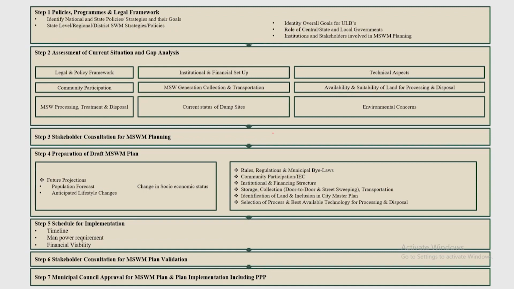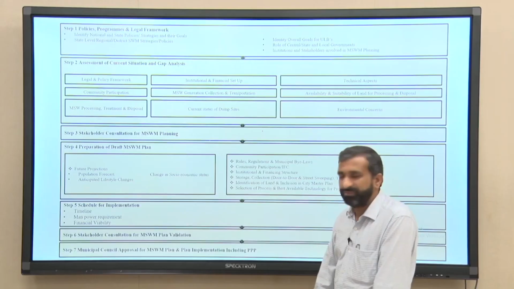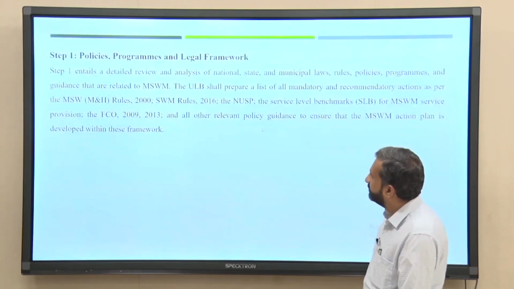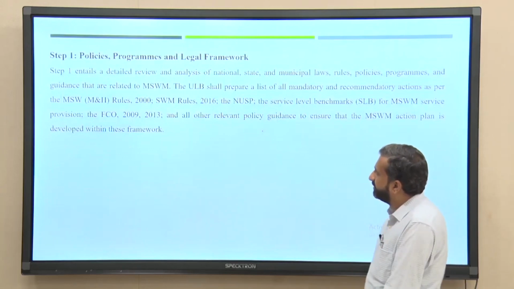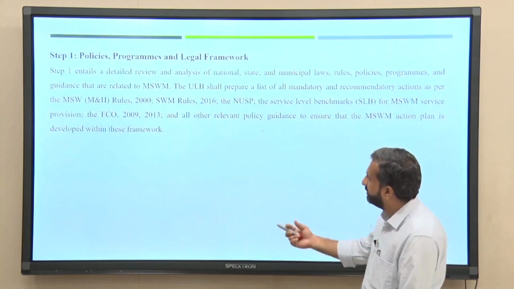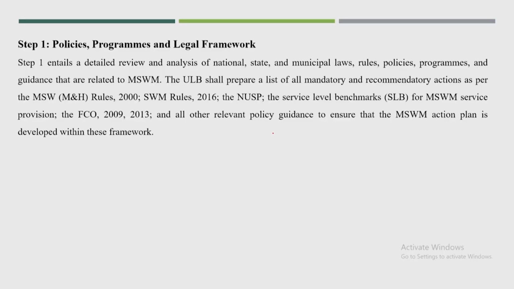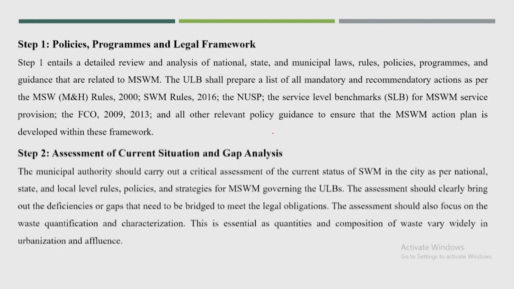So, again we go to step 3 and have discussion there with all the stakeholders, and once everything is accepted by all the stakeholders, we go to step 7, municipal council approval for the MSWM plan and implementation including PPP. I also explained this step by step. Step 1 is to create the policies or legal framework for the local authority.